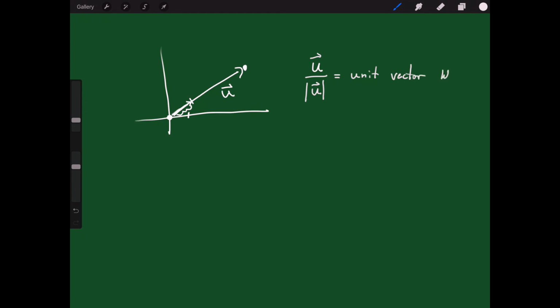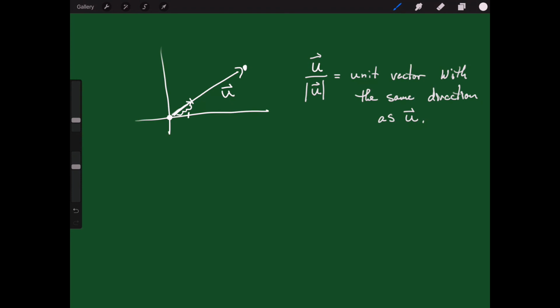with the same direction as the original vector u. So really what you're doing is you're taking u and dividing it by its length, which will give you length 1.